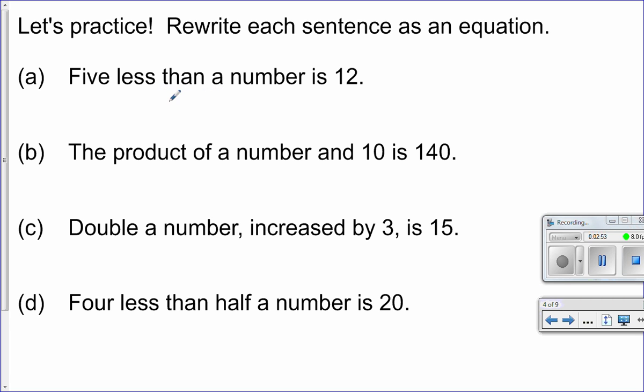So that means we have to write n first. That will be our variable. We need to write n first because we're told that it's 5 less than a number. So n minus 5 equals 12.